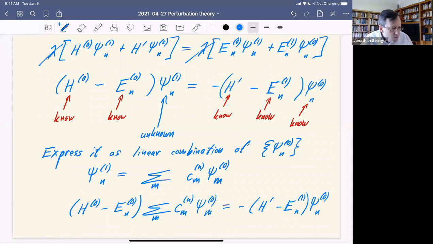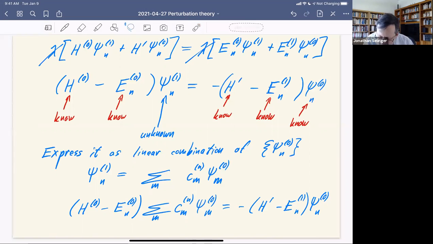Now one reason why this is a good thing to do is that we know what the old Hamiltonian does to the old energy eigenstates: it produces an old energy times the old energy eigenstate. Let me write that out. I think maybe I shouldn't skip steps.